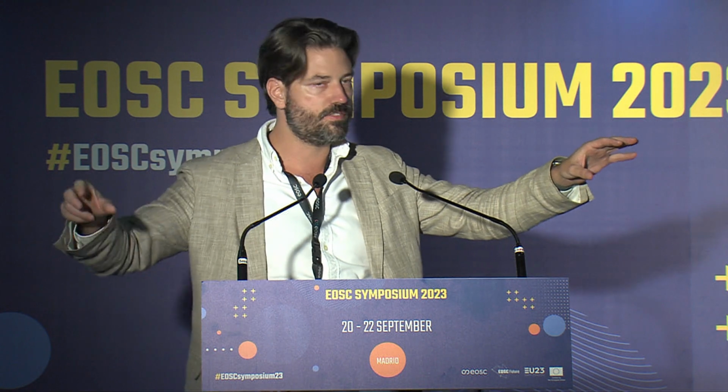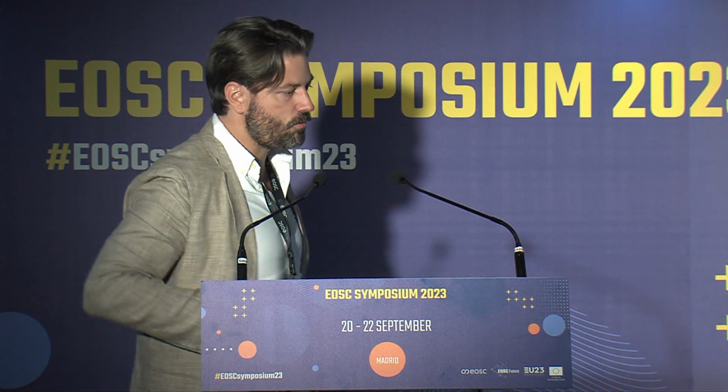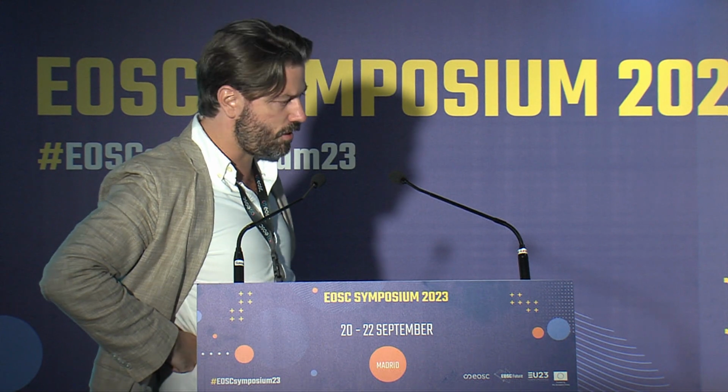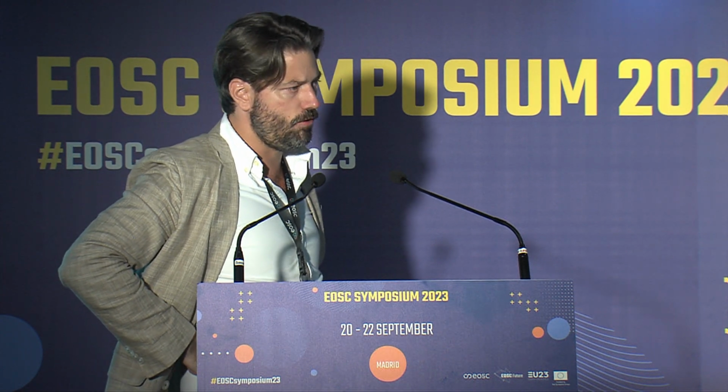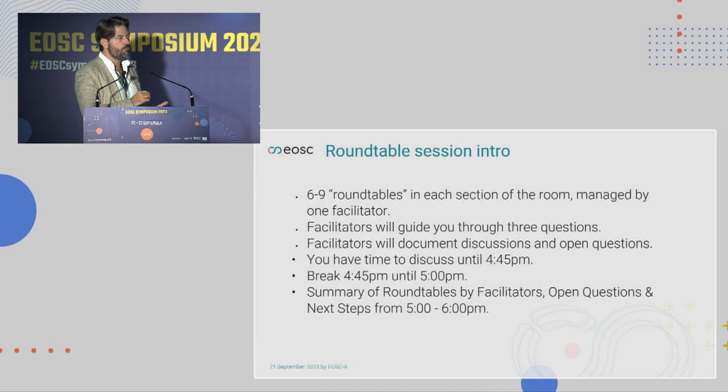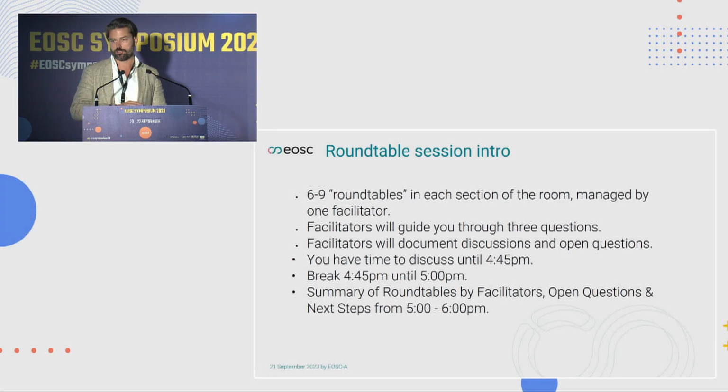There should be 1 facilitator in each of these sections. What we're going to do now is rearrange the chairs in a way that we have 6 to 9 round tables. And then the facilitators are going to guide you through a number of questions.